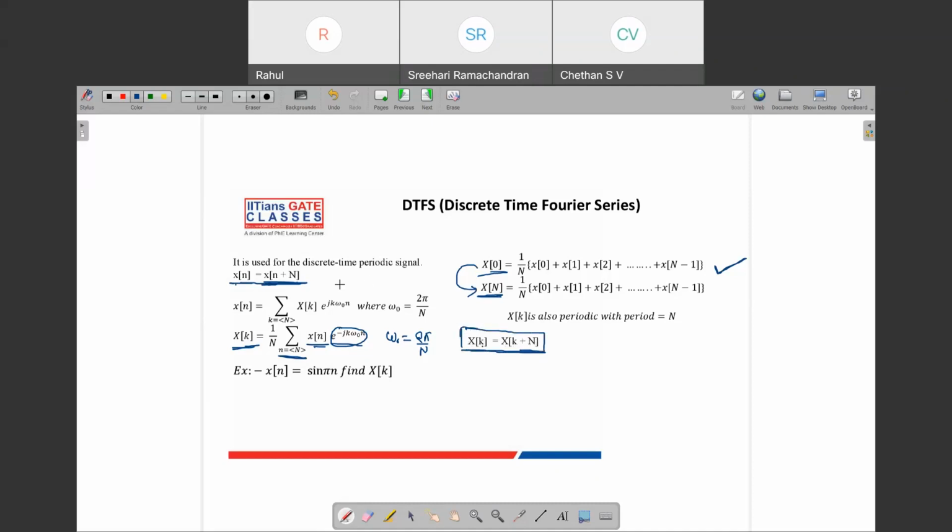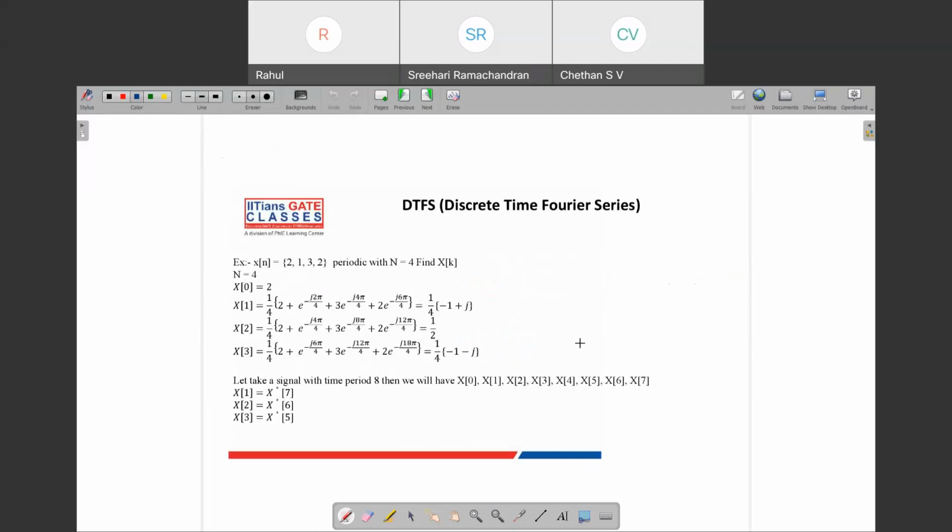A continuous time signal will be periodic in the time domain, but when you take its Fourier series, c of k is never equal to c of k plus T naught or something like that. So only for the discrete time signal do we see this property, that its Fourier coefficient will be periodic.